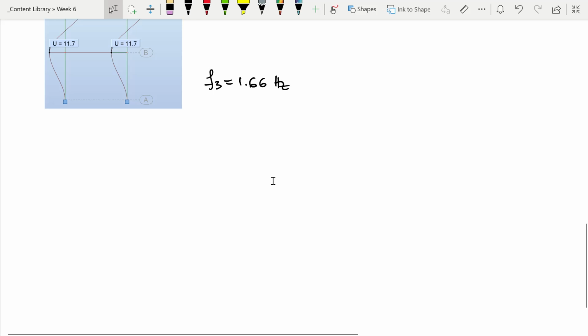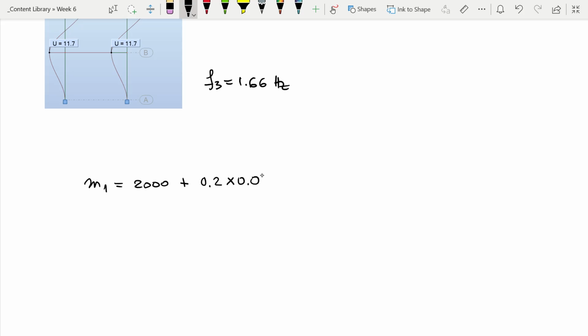Mass 1 is equal to 2000 kilograms plus the mass of the beam, which is 0.2 times 0.03 times 4 times 7880.